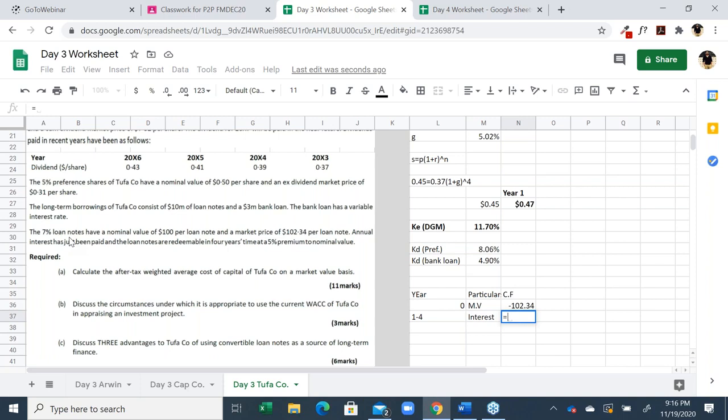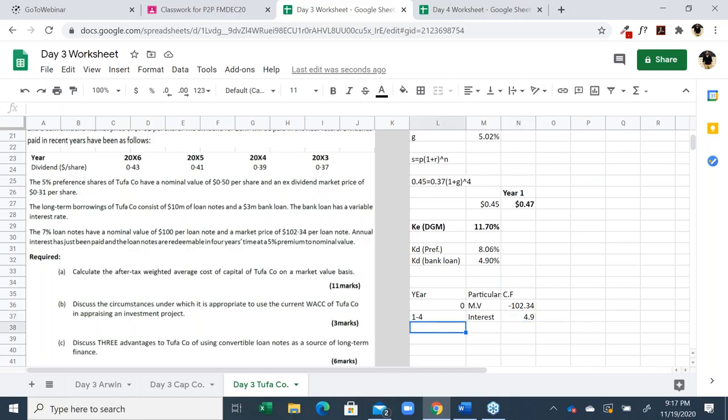That's something that you will be receiving, so we should write it as a positive value from the investor's point of view. 7% of par value, and it should be net of tax. So take 7% of the par value to get the annual interest and make it 70% to get it net of tax. So it's $4.9 every year for 4 years.